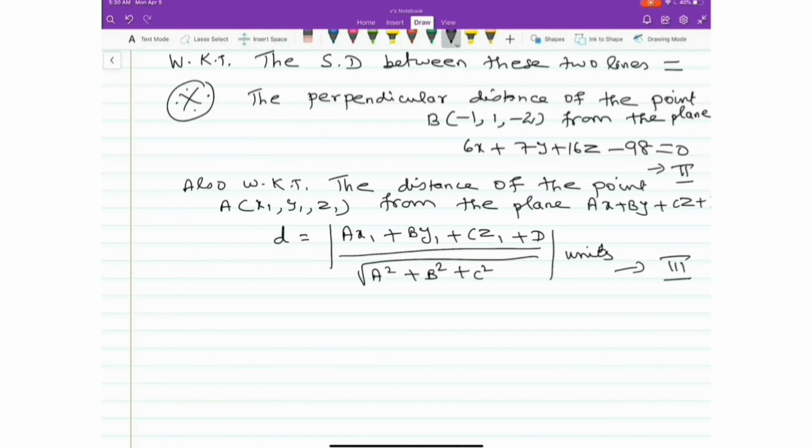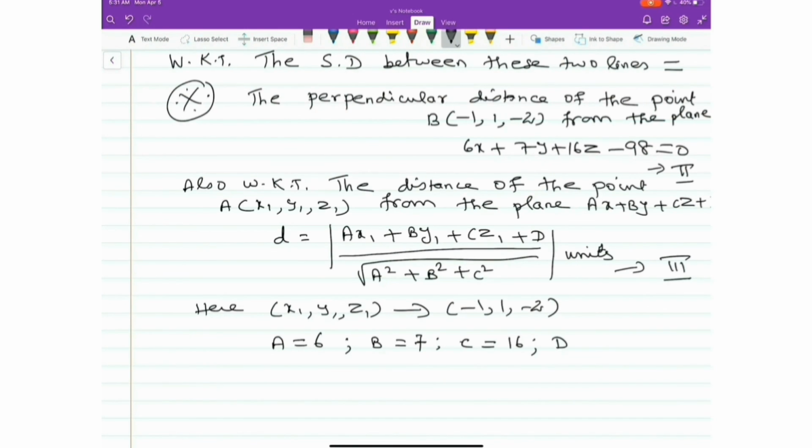Now, here x1, y1, z1 is minus 1, 1, minus 2. Then a is equal to 6, b is equal to 7, c is equal to 16, d is equal to minus 98. This I am getting from 2 and 3.